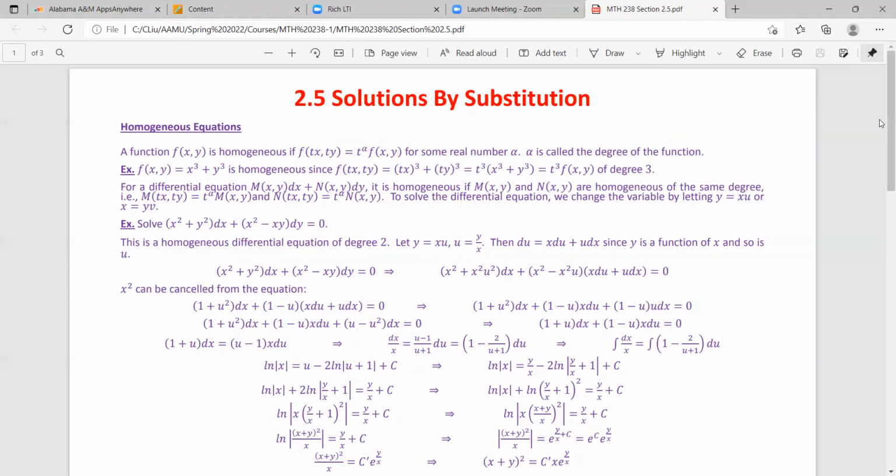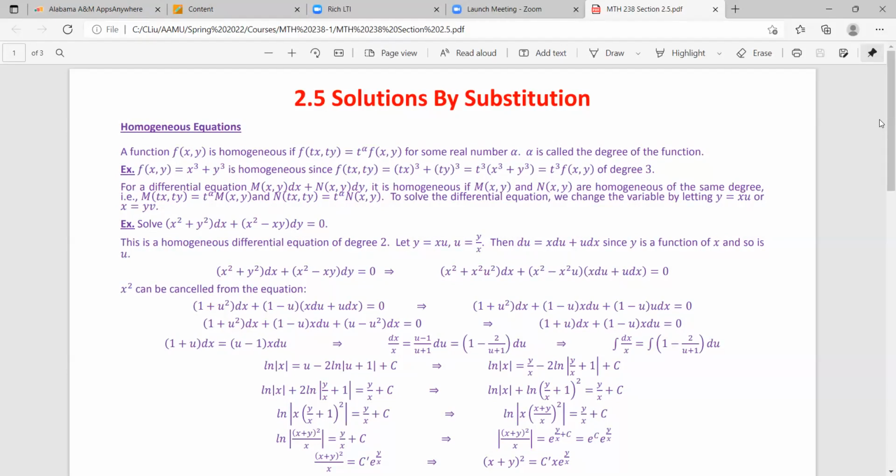of y equal to x times u, or x equals y times v, and then convert the original differential equation into a new equation that we can solve.